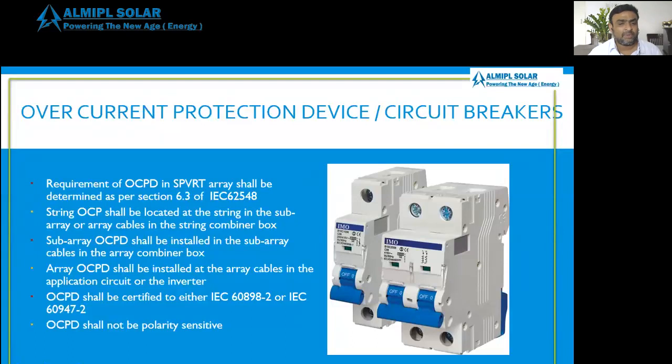Subarray OCPD shall be installed at the subarray cable in the array combiner box. Array OCPD shall be installed at the array cable in the application circuit or inverter. OCPD shall be certified to either IEC 60898-2 or IEC 60947-2. OCPD shall not be polarity sensitive.